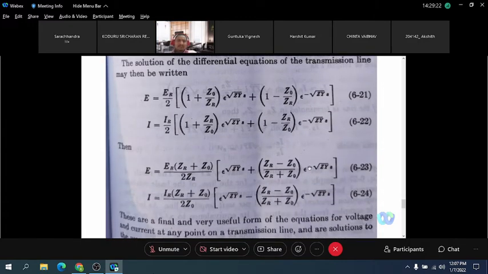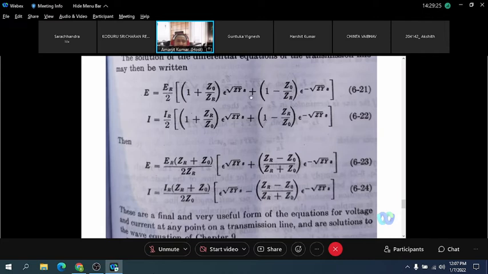So you are seeing after putting that, E and I, this we have done just now. If you rearrange the terms in these two equations, ER into ZR plus Z naught by 2 ZR, then you will get like this. These two equations are basically the same, either you write this or this after rearranging.